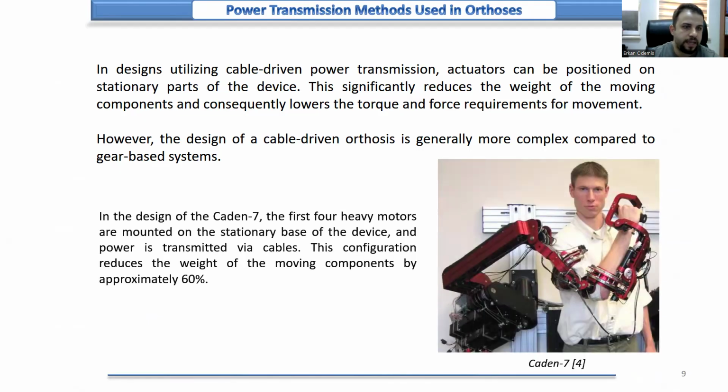For example, in the design of Cadence 7, the four heavy motors are mounted on the stationary base of the device and power is transmitted via cables, Bowden cables. This configuration reduces the weight of the moving components by approximately 60%.